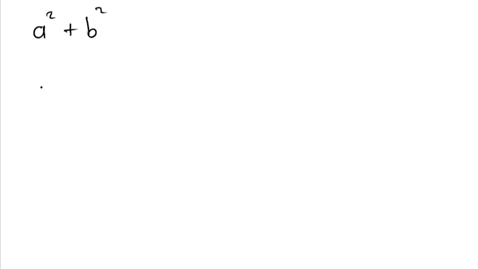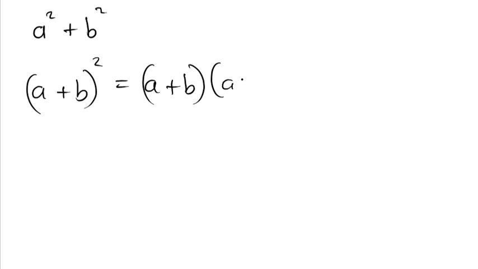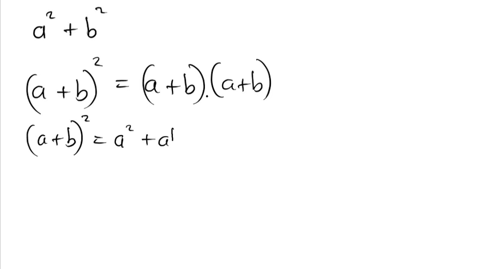You start with a plus b squared is equal to a plus b times a plus b. So a plus b squared is equal to a times a is a squared, a times b is ab, b times a is ab, and b times b is b squared.